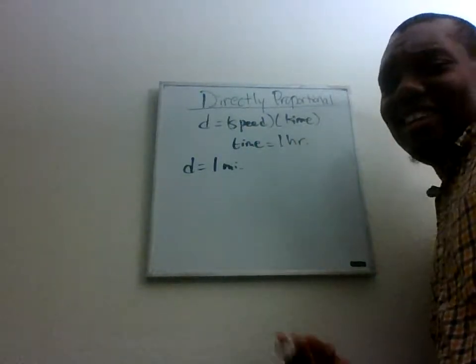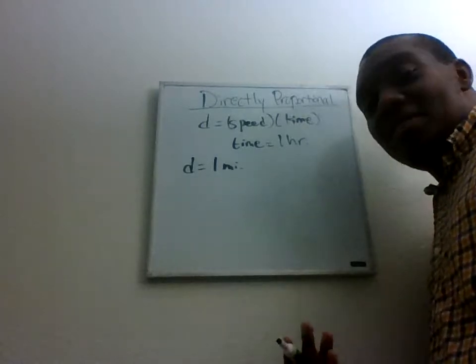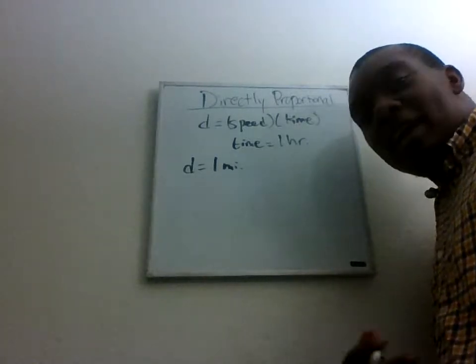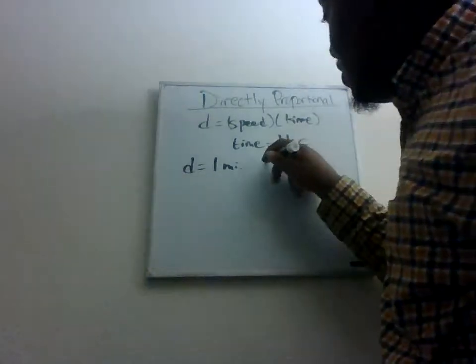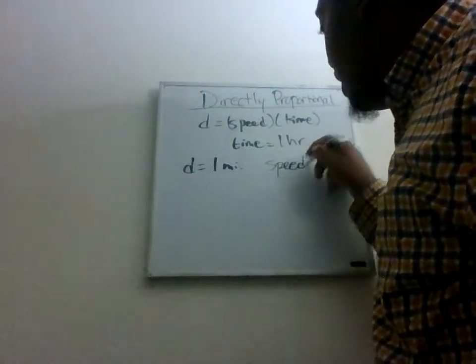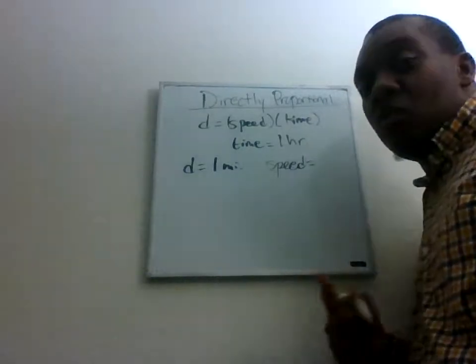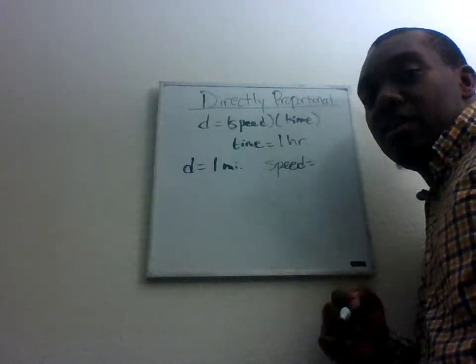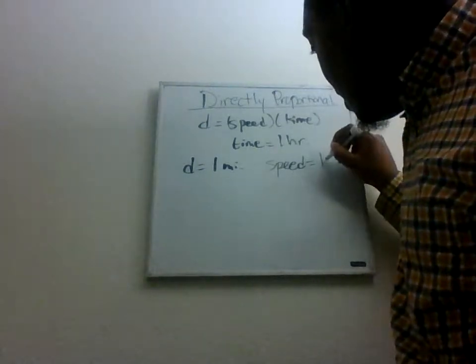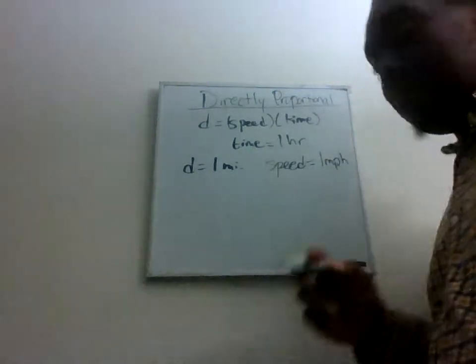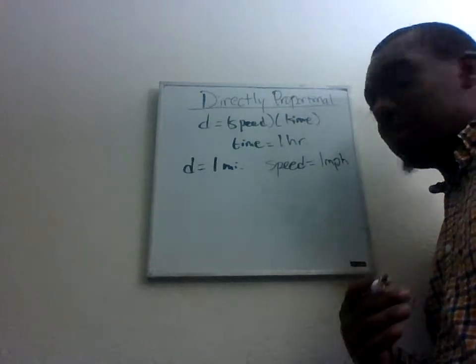You're probably thinking, oh, you've got plenty of time. That's right, I do. Let's say I'm going to use that whole hour driving behind the wheel. What speed will I have to go if I'm going to get there in exactly 1 hour? I need to get 1 mile in exactly 1 hour. That's right. It would be 1 mile per hour. 1 mile for each hour.